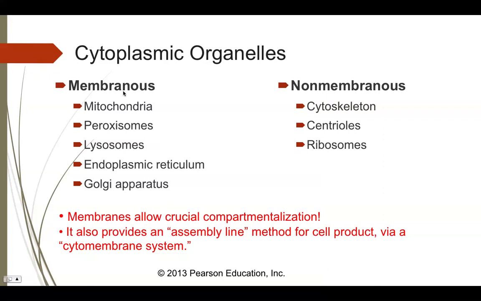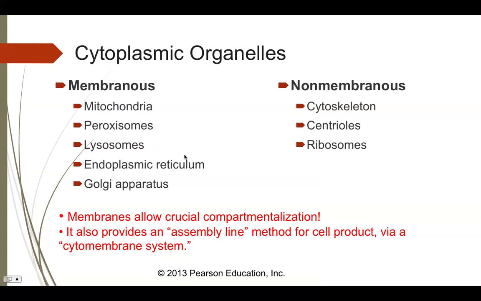The membranous cytoplasmic organelles include the mitochondria, peroxisomes, and lysosomes, which are actually vesicles that contain various chemicals. Lysosomes contain digestive enzymes. Peroxisomes will detoxify free radicals that are produced during metabolism.